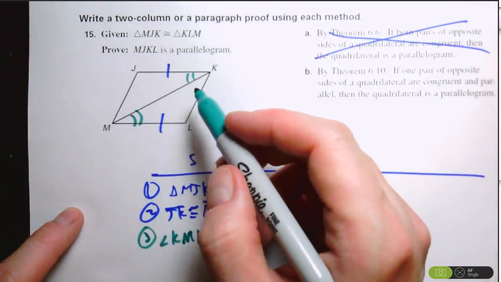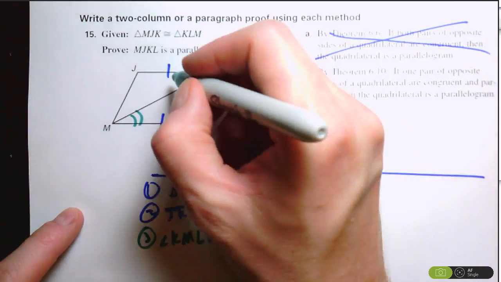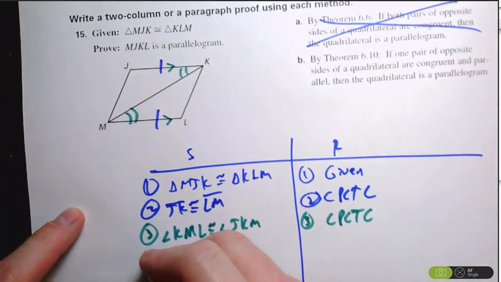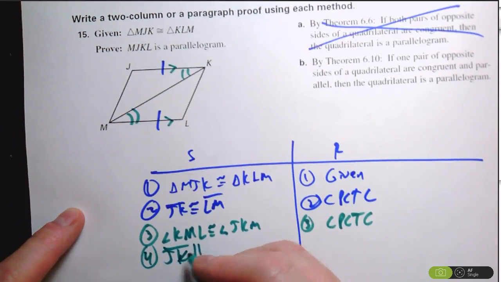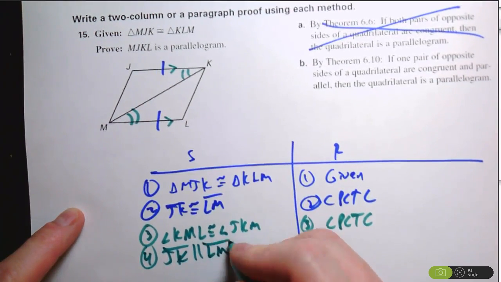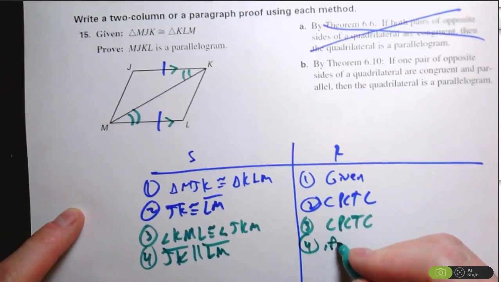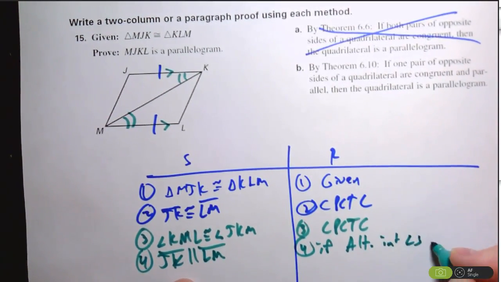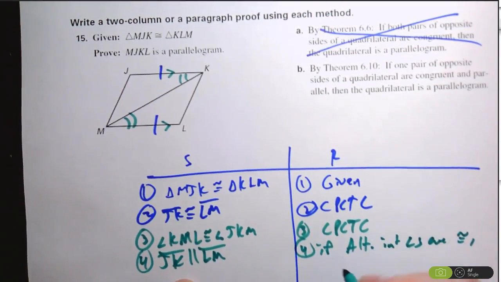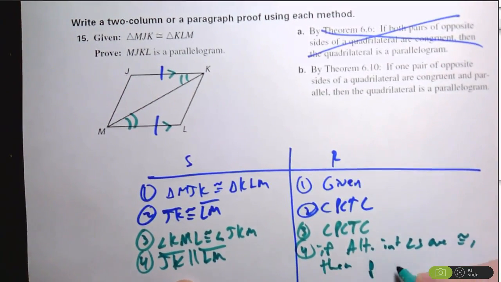But the reason that's important is, hey, look at that. That's a pair of alternate interior angles. JK has to be parallel to LM, because if alternate interior angles are congruent, then parallel.